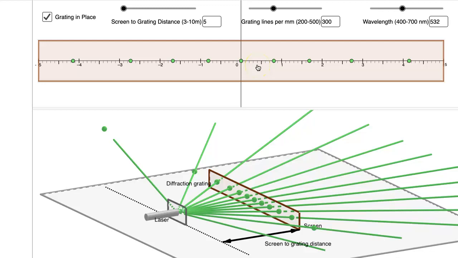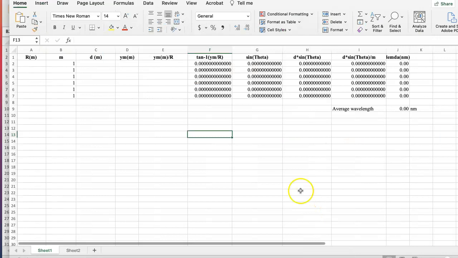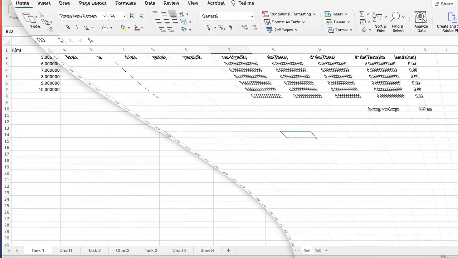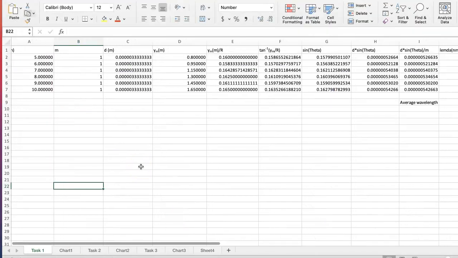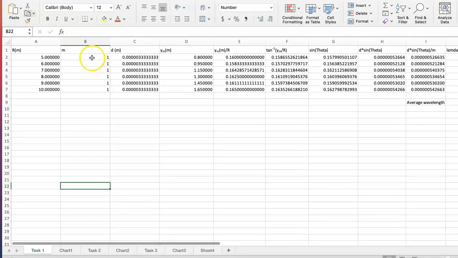We are going to prepare the table to record the values, and we also need to record in our data what the wavelength is and what the grating lines per millimeter is that we used. I added these to the table. Let me share with you my own. I added here M is 1 for all.